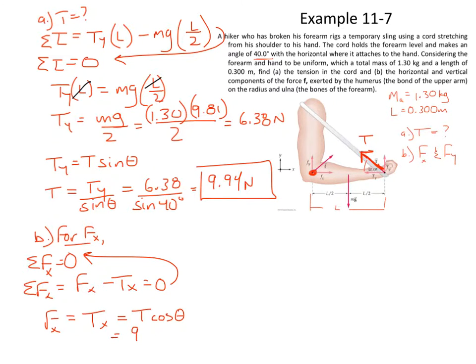So that's 9.94 cosine of 40 degrees. All right, what do we get? Times cosine 40 degrees, 7.62 newtons. That's the x component of this force from the elbow right there, okay? Acting inwards. Excellent.